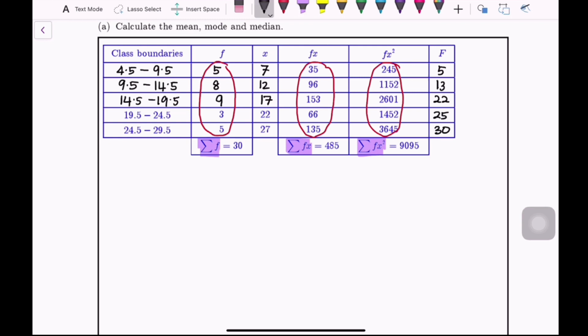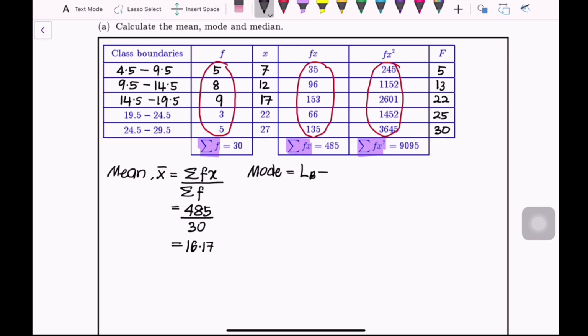To determine mean, it is equal to sum of fx over sum of F. Sum of fx is equal to 485 over sum of F, which is 30, and mean is equal to 16.17.